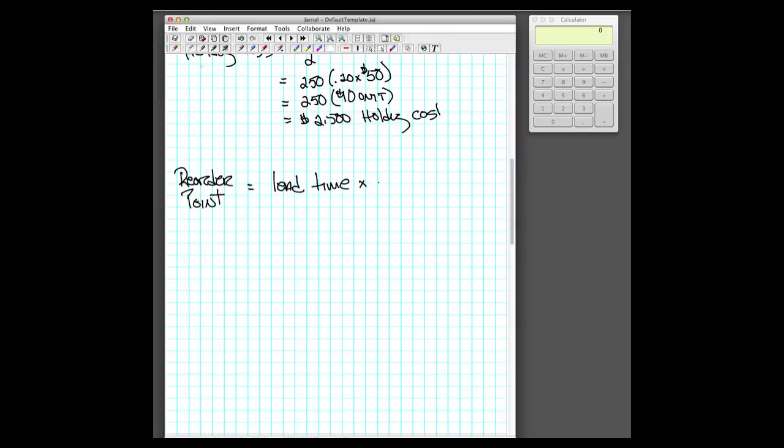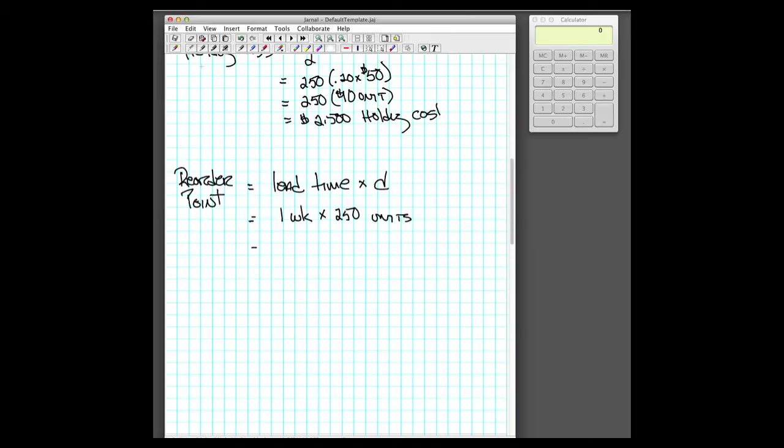And we want to then take a look at how much we think we're going to need to sell during that lead time. And the problem tells us that our lead time at this location is going to be 1 week, and our demand per week is 250 units.